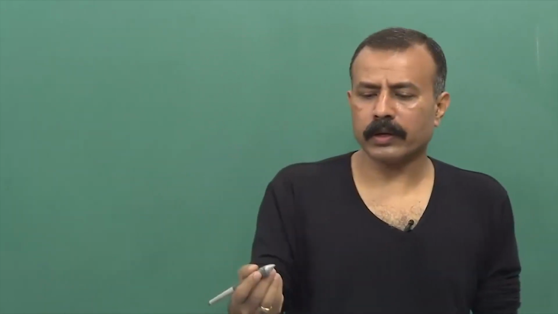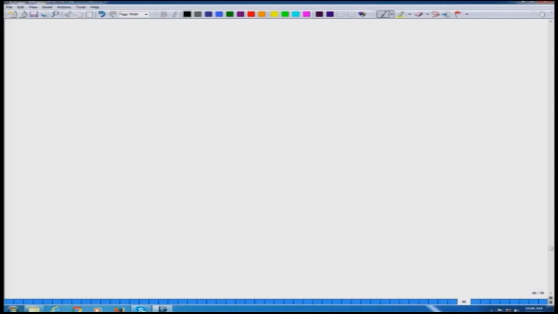Okay. So, now let us see the structure of chlorophyll, the light trapping pigment. The structure of chlorophyll is something like this.